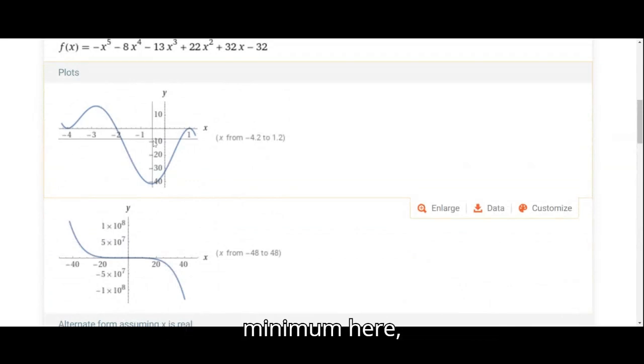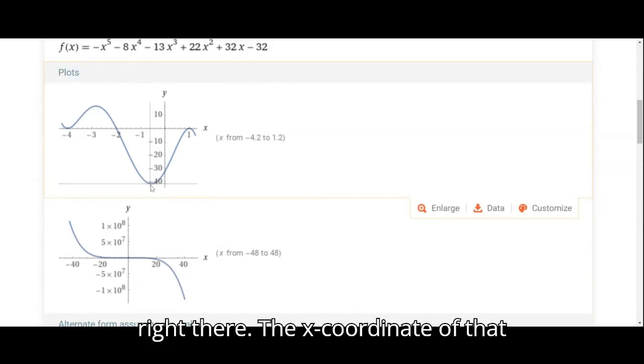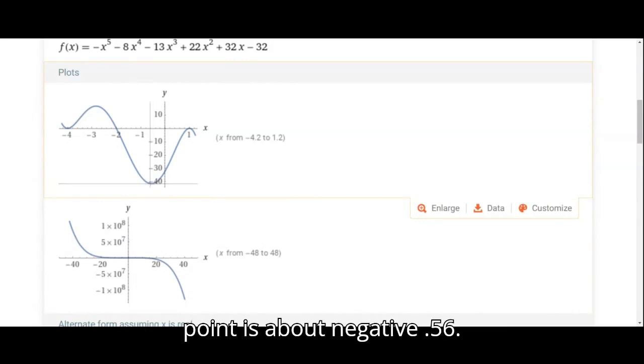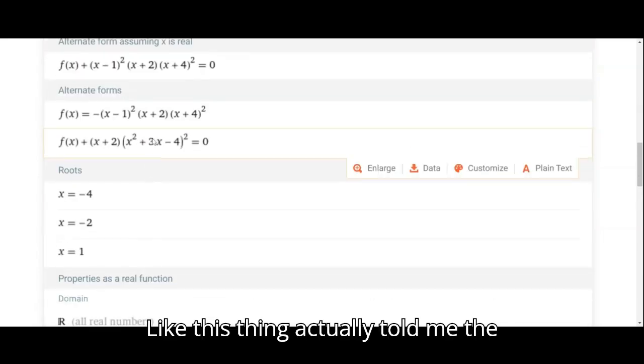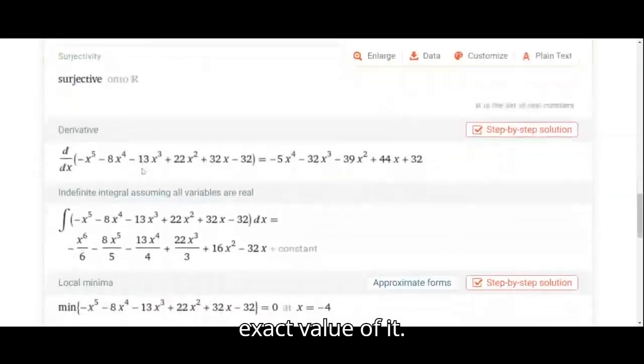See the relative minimum here, right there? The x-coordinate of that point is about -0.56. This thing actually told me the exact value of it.